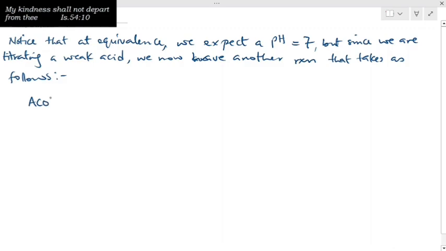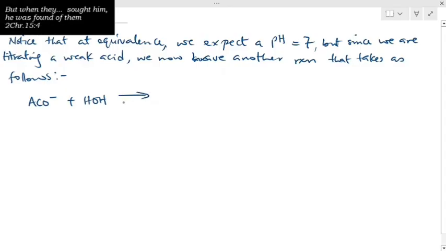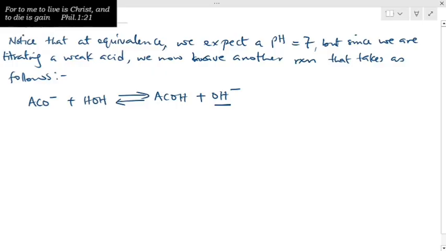So this is our conjugate base of acetic acid, as we had seen previously, plus water, and that forms a new equilibrium, forming back your weak acid plus your OH minus.